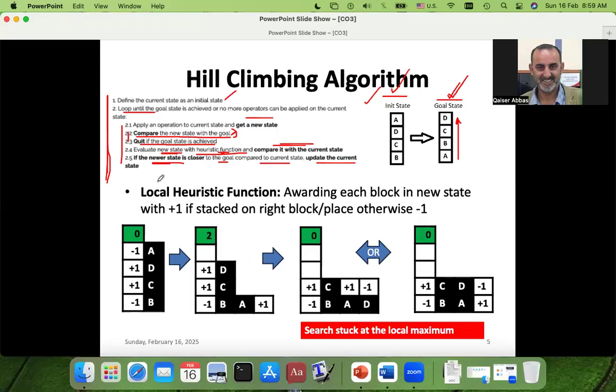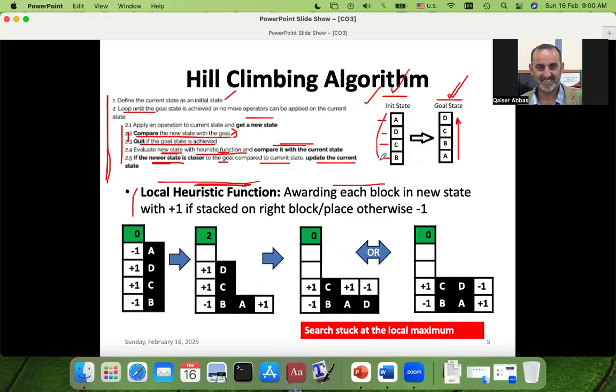First, we are going to apply the local heuristic function. I said the heuristic function can be different. So if our heuristic function is something like this: awarding each block in a new state. This is called a block.